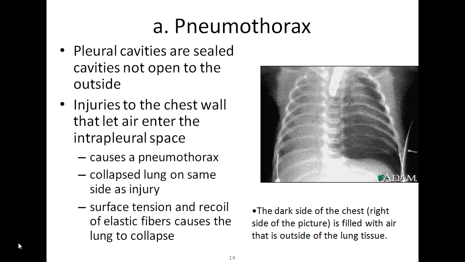Injuries to that chest wall can penetrate those pleural cavities and let air enter into that intrapleural space. So we might get a sort of collapsed lung, as shown in the diagram on the right. And that lung might collapse because of surface tension and recoil of elastic fibers that causes those alveoli to stick to one another.